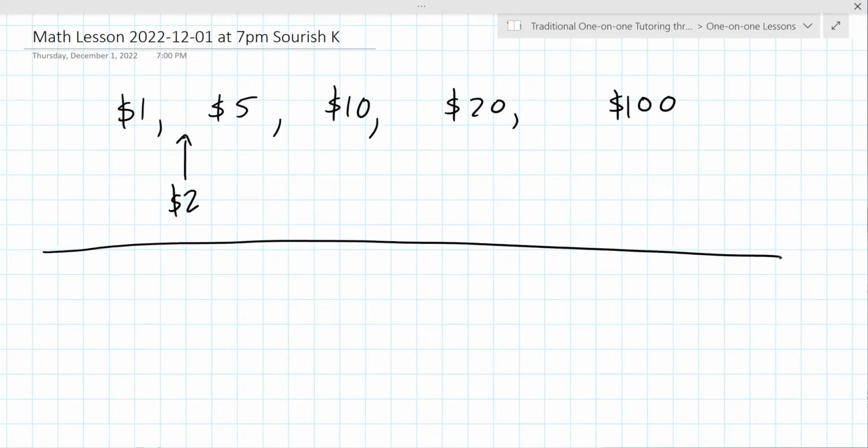I'll go get it. Okay, I got it. You got it.